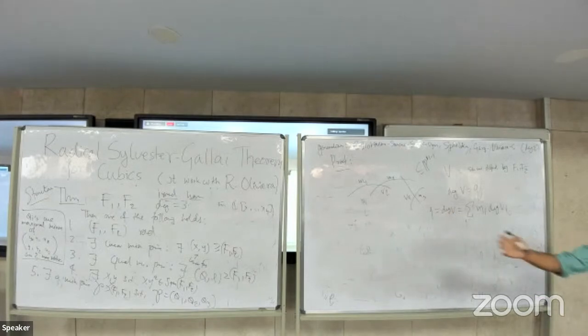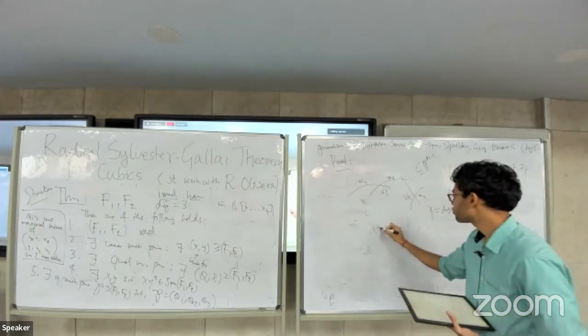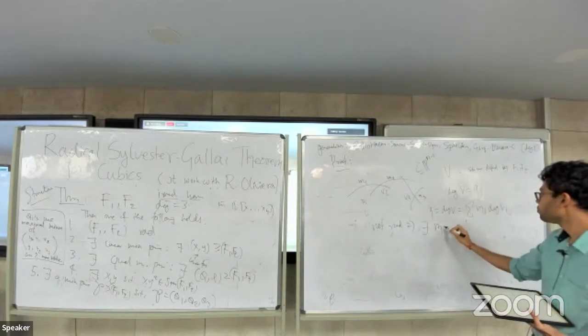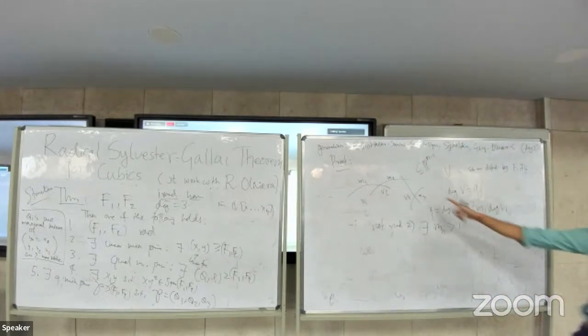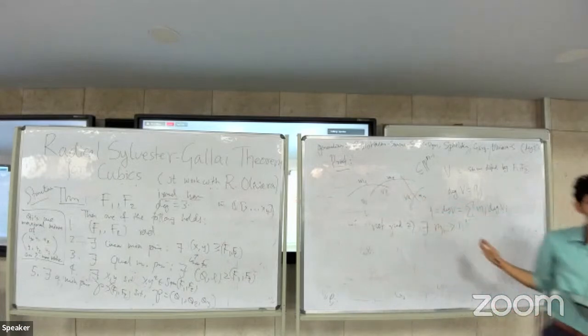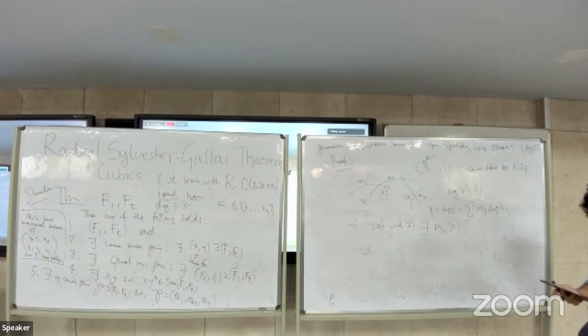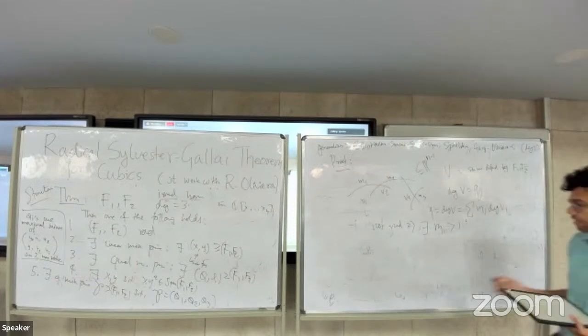And we are also assuming it's not radical, right? So not radical implies there exists mi which is greater than 1. If all the components are reduced, it will be a radical ideal. Right? So there is some mi which is greater than 1, right? And then you just do some arithmetic, see what are the possibilities, right?